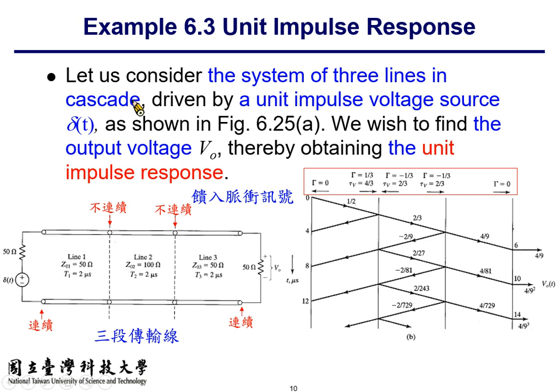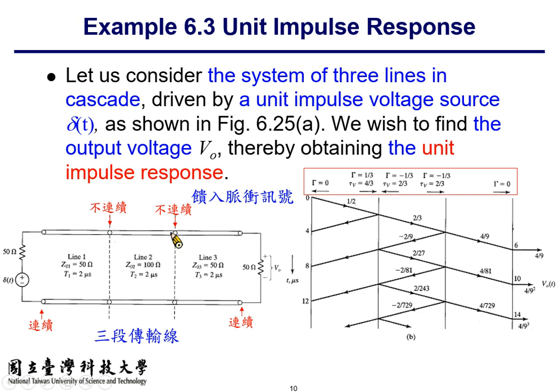So let's check the transmission line circuit here. That's the largest circuit that we can have here. We have 3 sections of transmission line. They are characterized by what? Characteristic impedance and velocity of propagation.